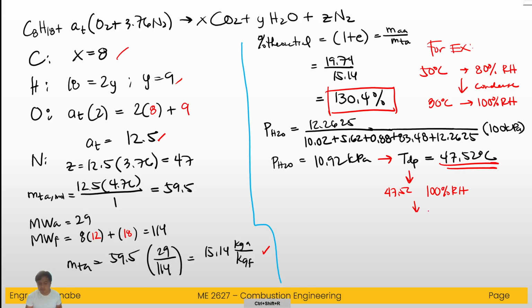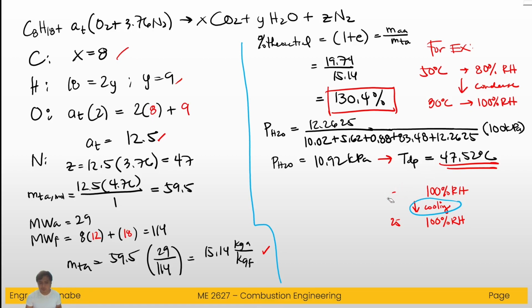So cooling it down, after this is cooled even more, it will still be 100% relative humidity. But again, most of the water will have condensed in the chimney or in the stack.